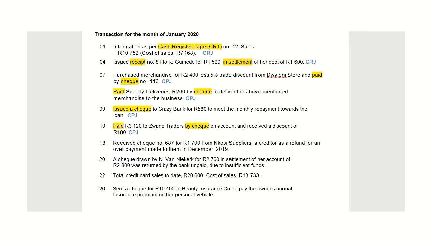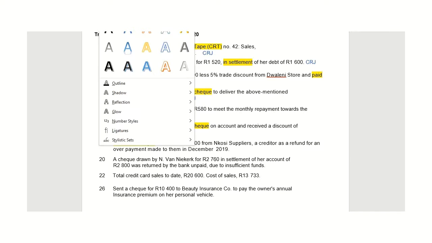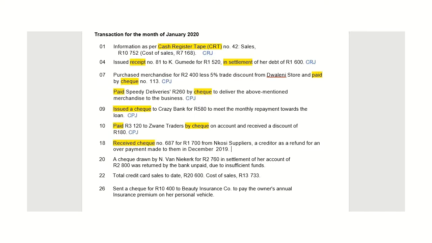Receive a check. Now there's also the word check, but in this case we receive the check for 1,700 from Cozy, to refund the overpayment. So we receive a check, which means it is a CRJ.